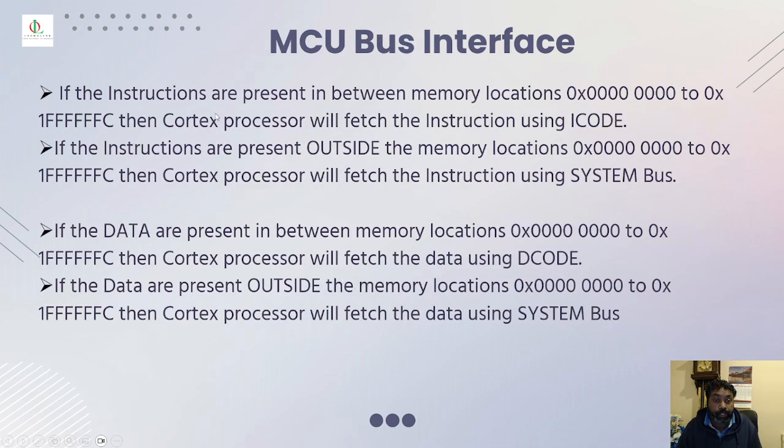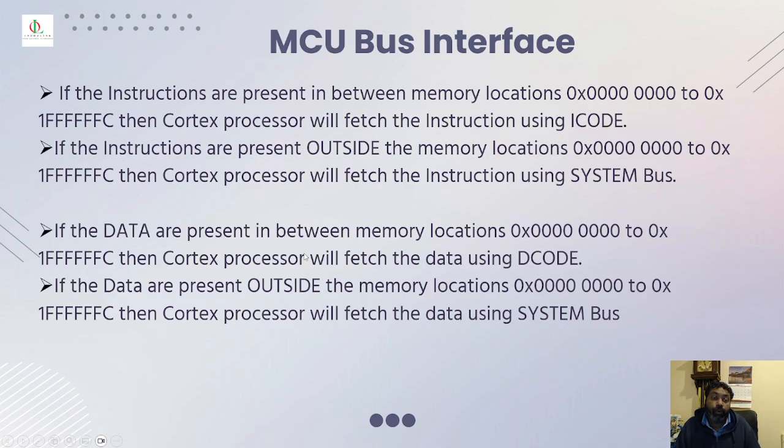If your instructions are present in the memory locations 0000 0000 to 1FFF FFFC, then your processor will fetch the instruction using the I code, the instruction bus. Whereas if it is outside this memory address range, then to fetch the instruction you have to use the system bus.